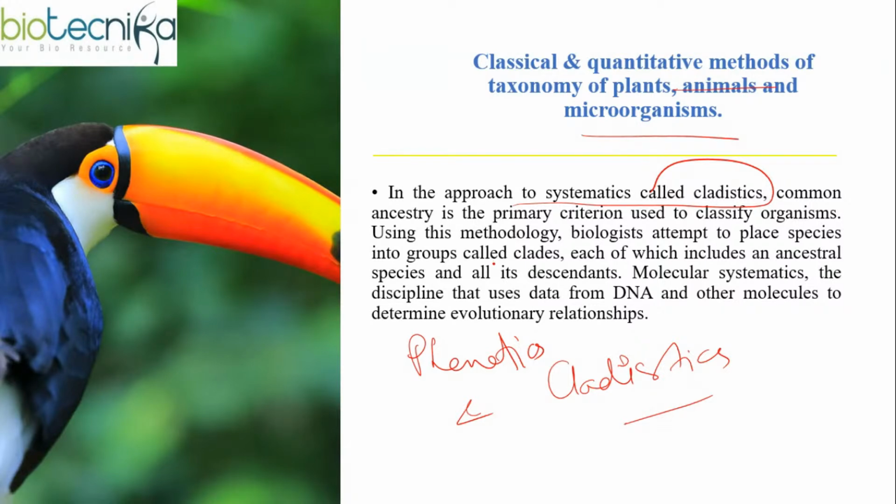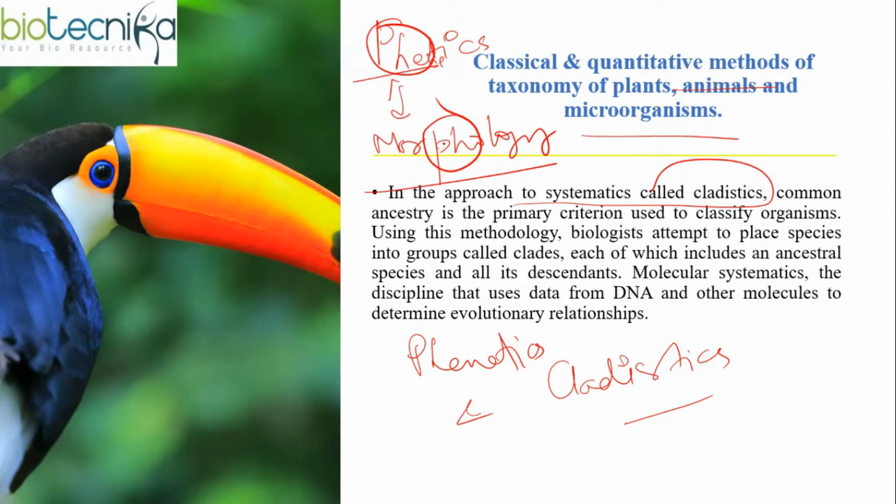Now, phenetics classifies organisms based on morphological and structural features. I can share a mnemonic here on how you will remember phenetics and cladistics. Cladistics, on the other hand, classifies organisms based on their ancestral relationship. So how to remember this? P for phenetics and P for morphology: phenetics goes with morphology.